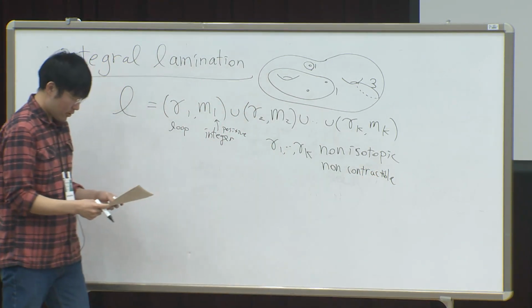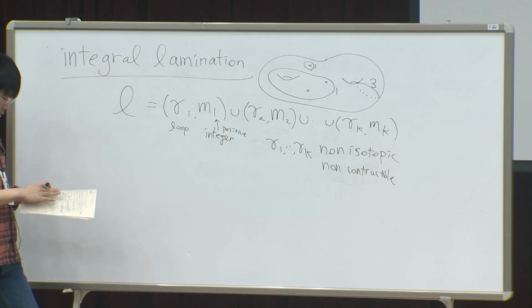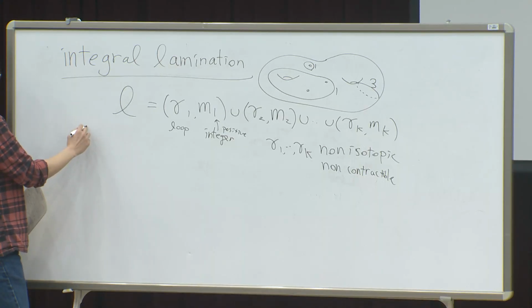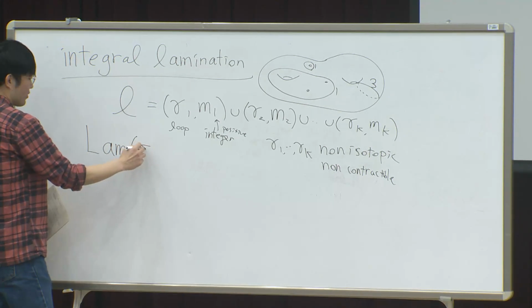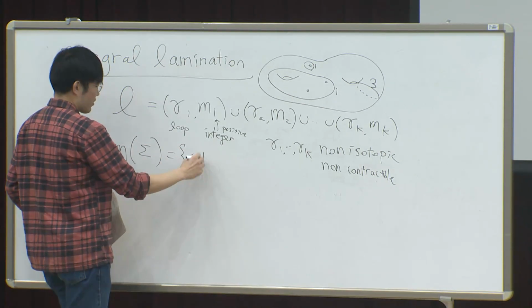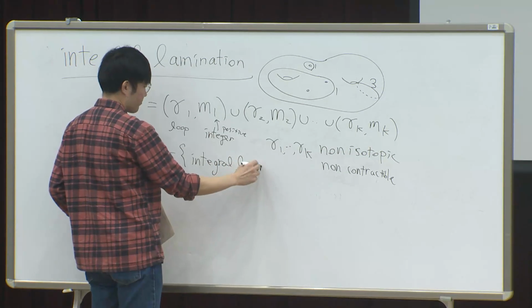So this thing I'll call integral lamination. So it's just the same thing as multi-curve, but written in a different way. And I'm going to call the set of all integral laminations as lam sigma. Integral laminations. And everything is up to isotopy.